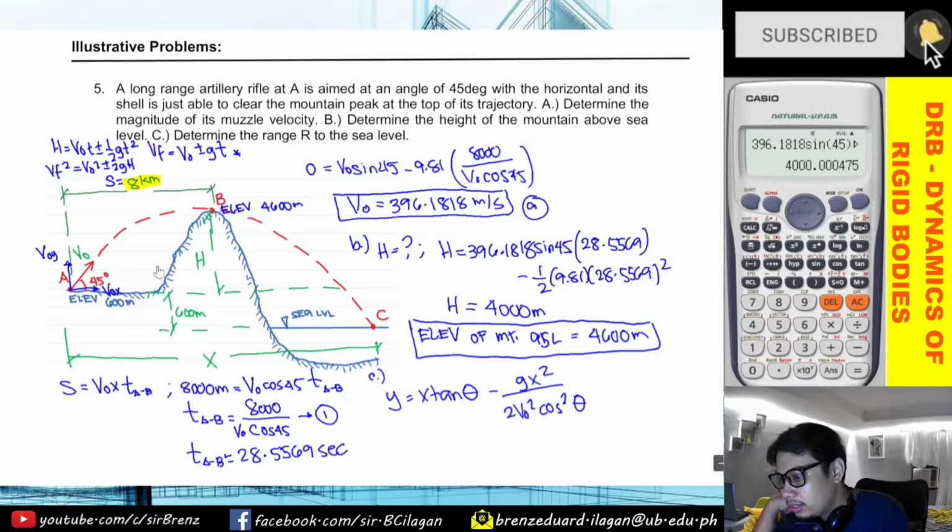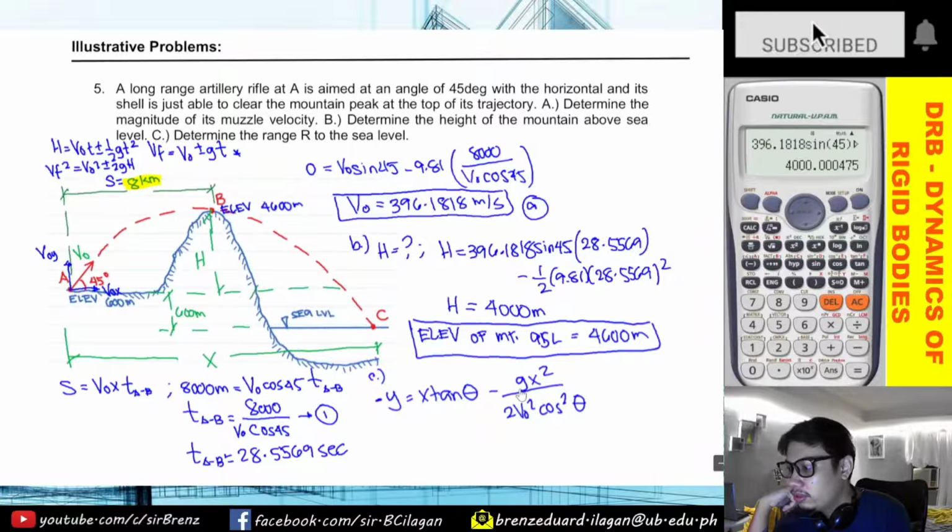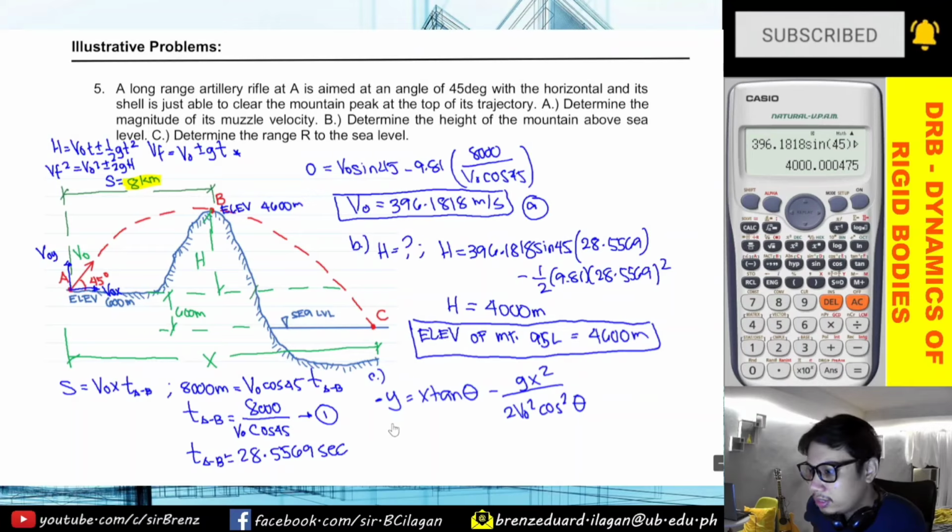So, pababa. Ang initial velocity mo pataas. So, ito is minus. Tapos, ganun din yung y kaya negative. Okay. So, sige, substitute na lang natin dito.